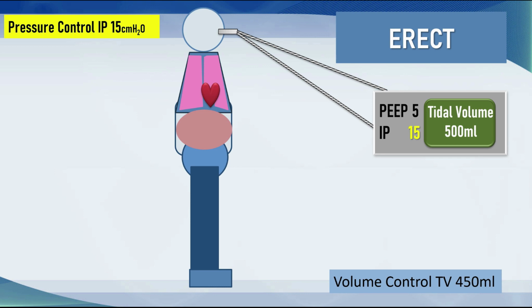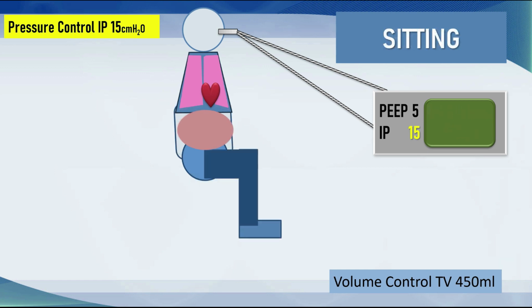Let's see what happens to Charlie's tidal volumes as we move them around in the bed and into different positions. If we place Charlie in a sitting position, there is a slight upward movement in the abdominal contents, and this causes a little bit of compression of the lungs, reducing the tidal volume for the same settings to 480 mils. Meanwhile, volume control Charlie is still getting 450 mils.